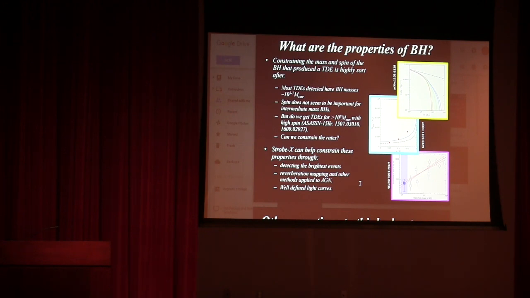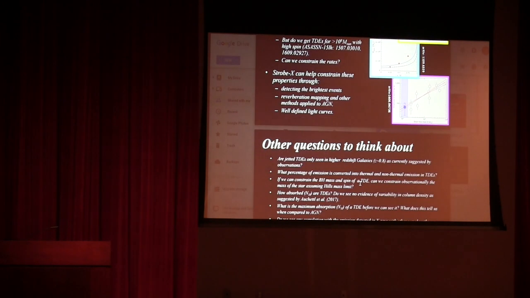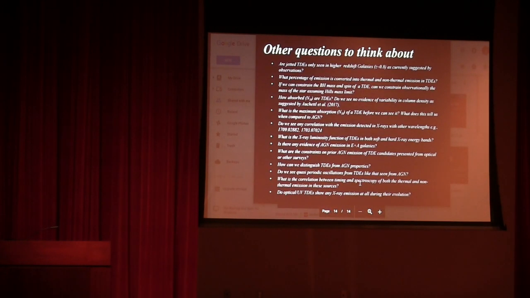And so on my last slide, I know I only had 15 minutes and I rushed through that really quickly, but I listed a lot of other questions that I thought STROBE-X could think about as well. That ranges from how we correlate this with other wavelengths, understanding the relationships between thermal and non-thermal emission in these events, as well as what other information we can pull out.